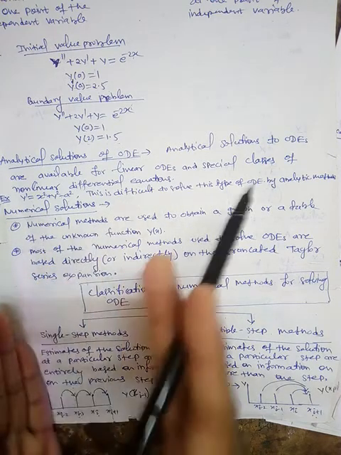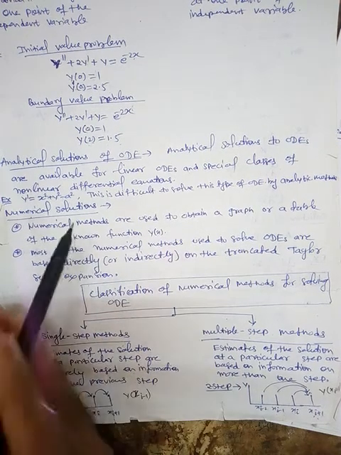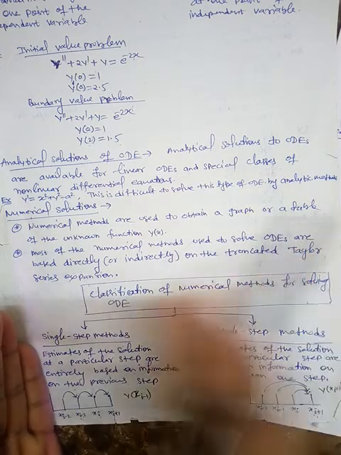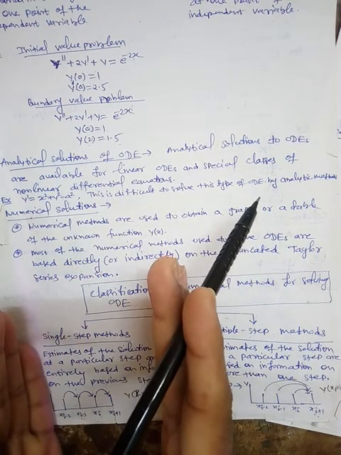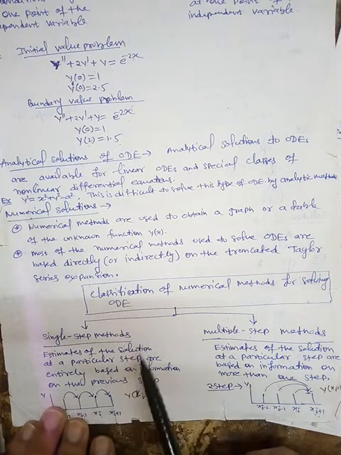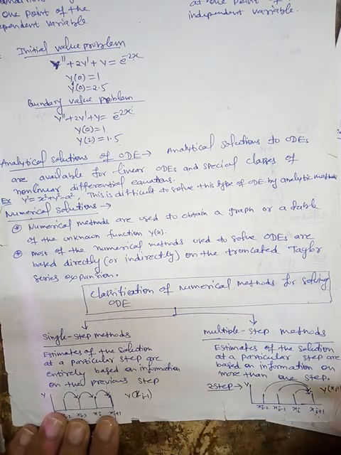If we truncate it up to second order, then we have another method. So we truncate the Taylor series at various levels and get different methods.